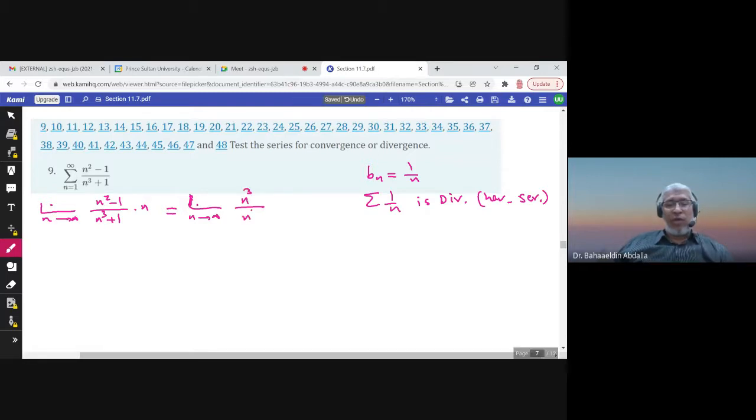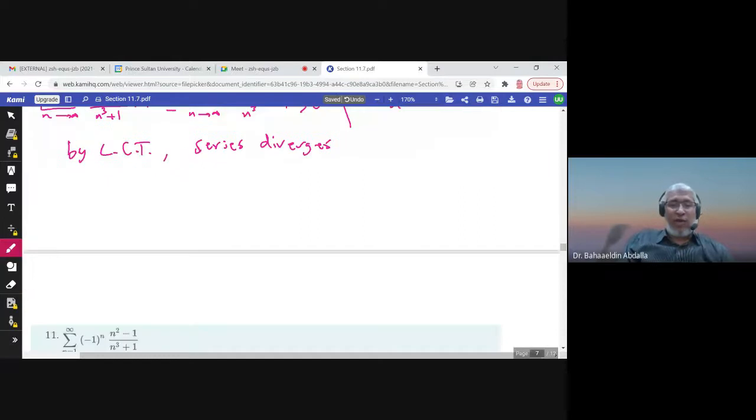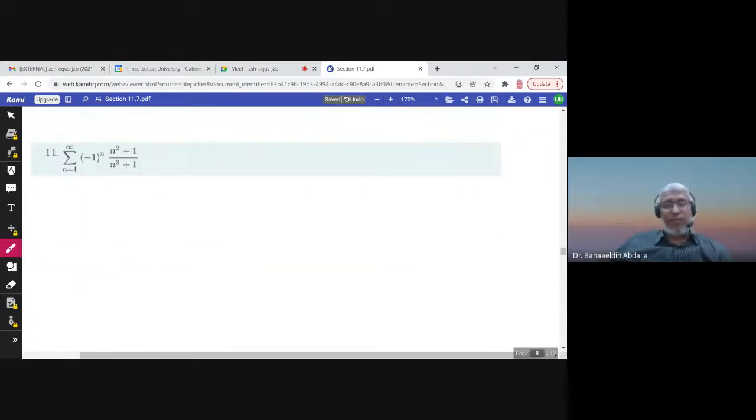The highest power here is n cubed, so the limit is 1. 1 is greater than 0. So by the limit comparison test, the series diverges, because 1 over n diverges, so it is divergent also by the limit comparison test.